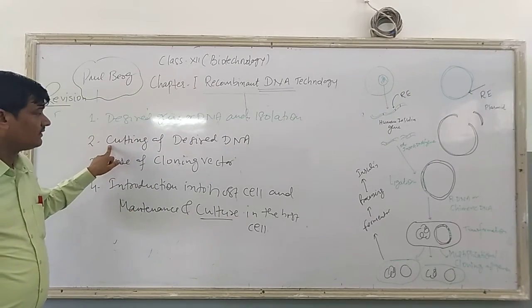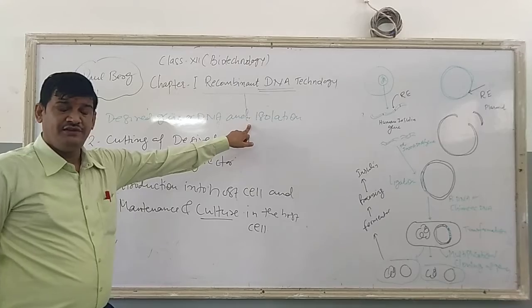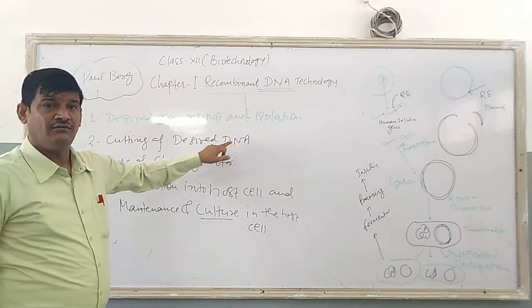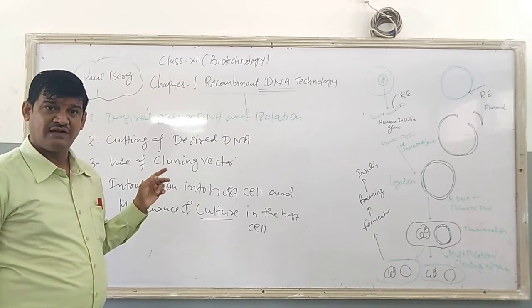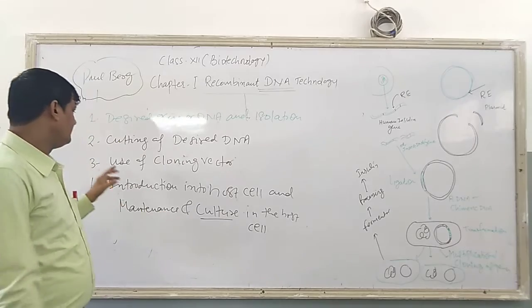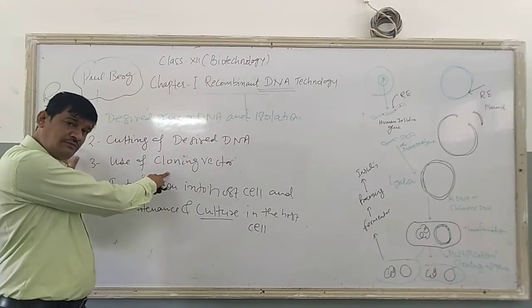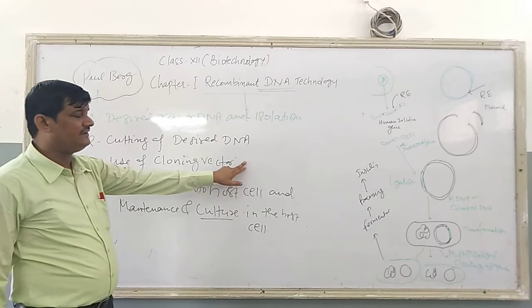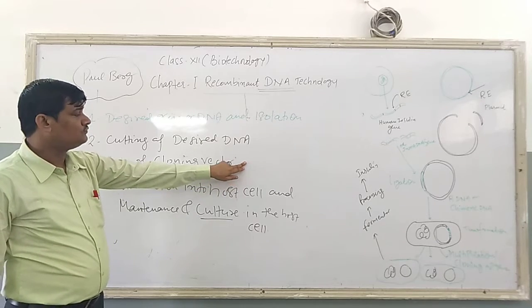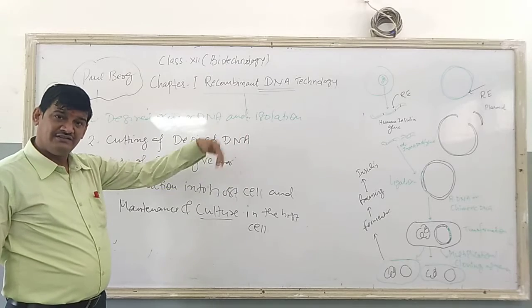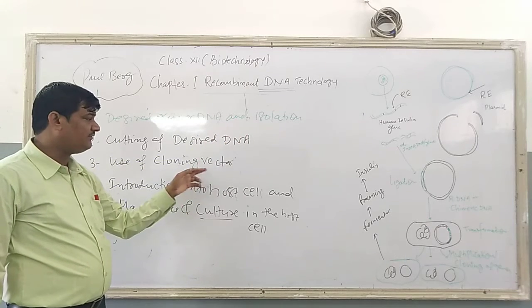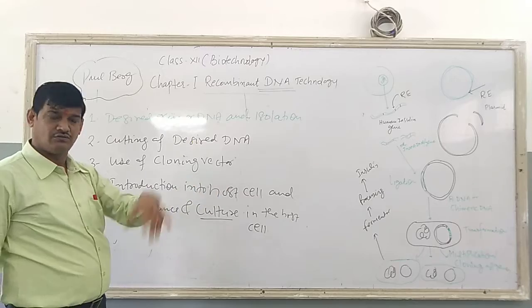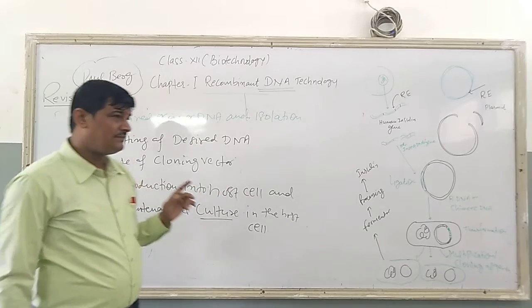Thereafter, the desired gene or DNA will be cut out with the help of restriction enzyme. I will come to the restriction enzyme later on. Thereafter, we are using the cloning vector. Cloning vector, or simply the vector, is the carrier. They are used to carry the desired gene, because the gene is passed with the vector and it is introduced into the host cell.